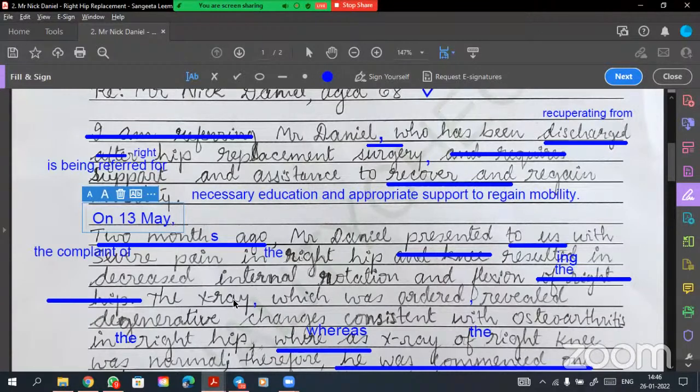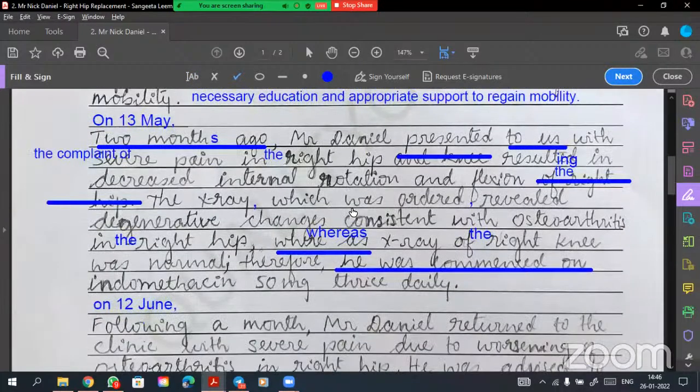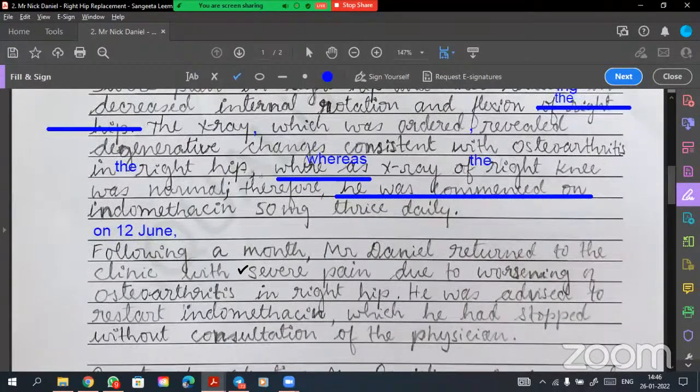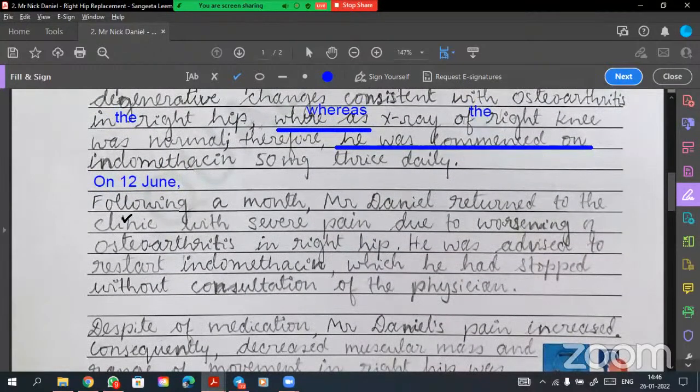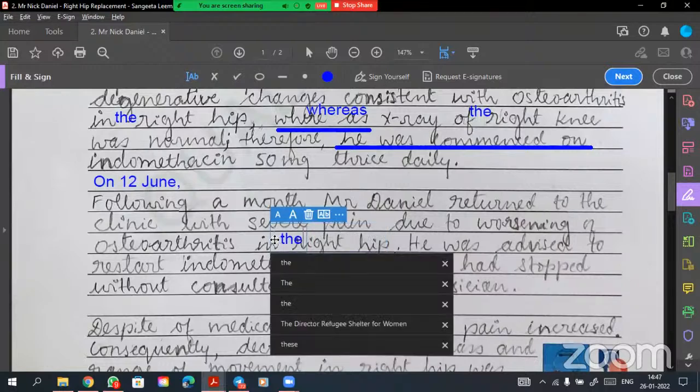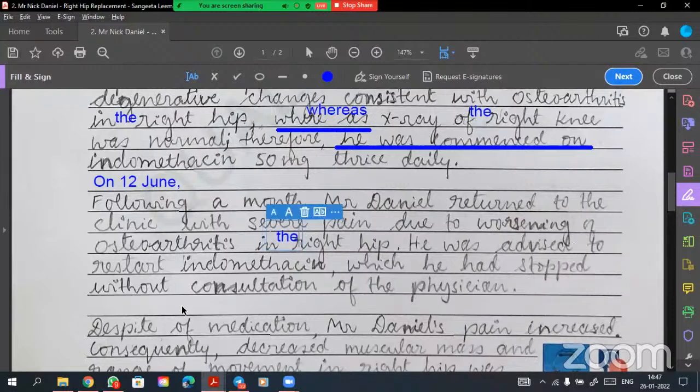So, next one. After a month, or a month later, or on 12 June, Mr. Daniel returned to the clinic with severe pain due to worsening of osteoarthritis in the right hip. He was advised to restart indomethacin.